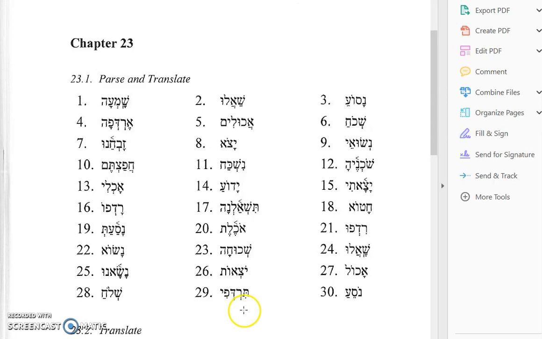Tirdefi is a second feminine singular imperfect, meaning you will pursue or persecute. And nosea is a Qal active participle masculine singular from nasa, you traveled or you journeyed.